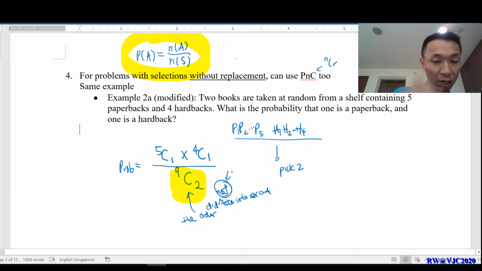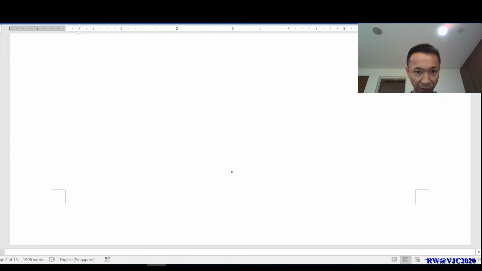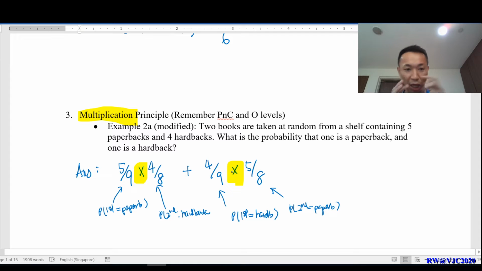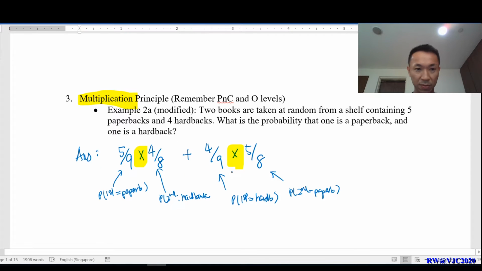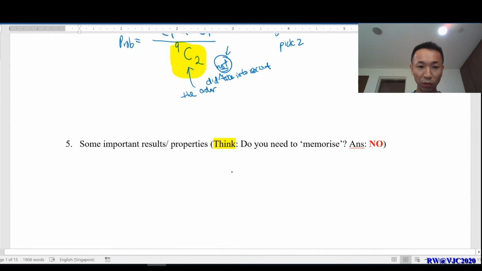I didn't take into account the order, so your numerator cannot take into account the order. Whereas in the above example here, when I say times and times, there is an order we talk about, that's why it times 2. This is a very common confusion. Pause the video a while and think. Okay, I'm going to move on.